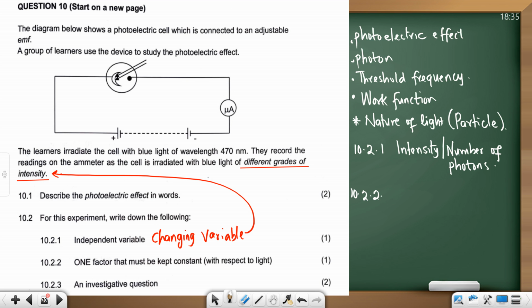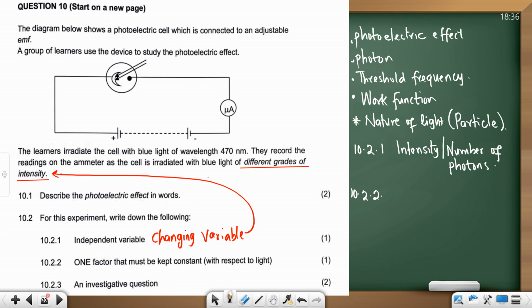10.2.2. What are we keeping constant with respect to light? Okay, let me see your answers here. You want to type in your answers here quickly for me? Simply says the type of light. Remember, we are using a blue light of the same wavelength. They said light of the same wavelength.